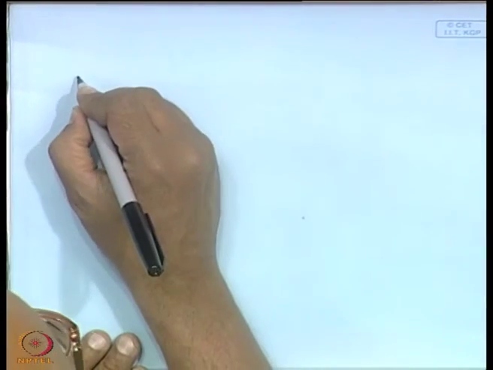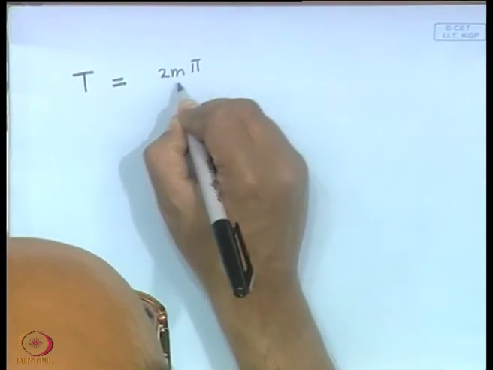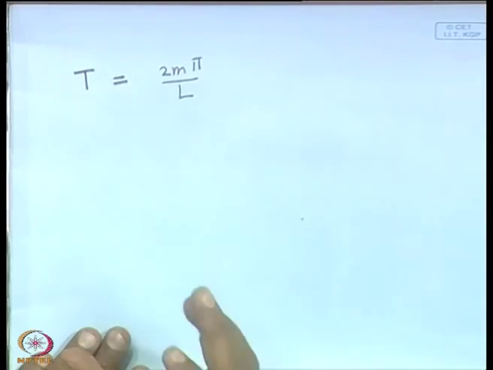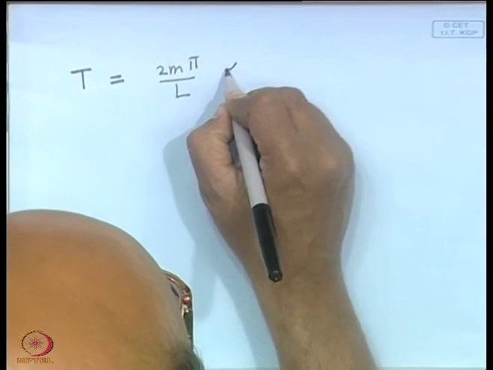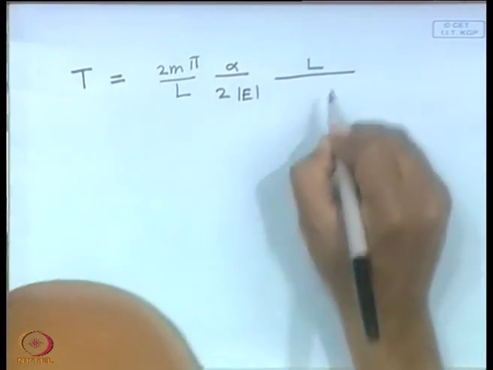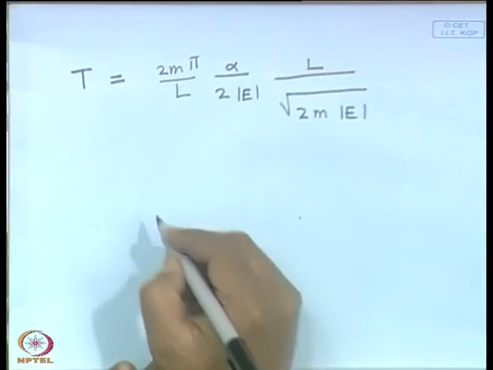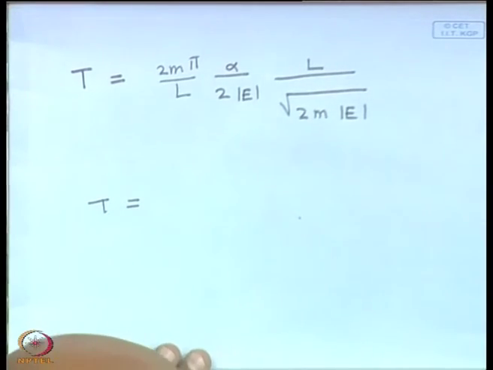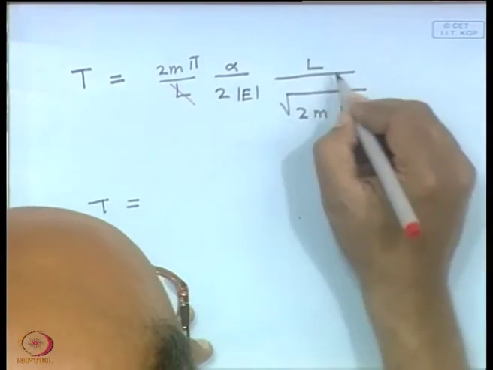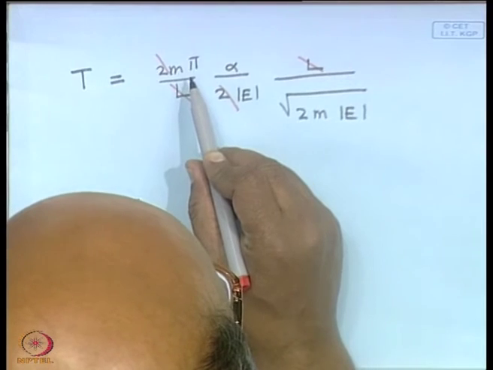So, what we get is that the orbital period is equal to 2m pi by L, and a, the semi major axis, is alpha by 2 mod E, and b is L by the square root of 2m mod E, and what we have is that the orbital period is equal to, so L cancels out, 2 cancels out, and I have pi and I have alpha.